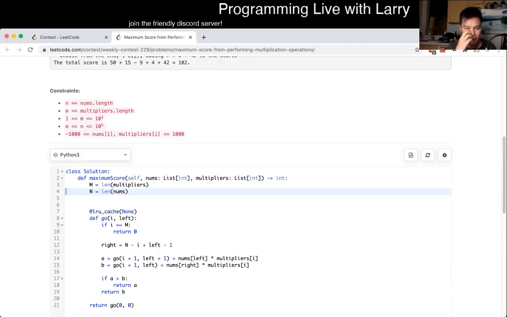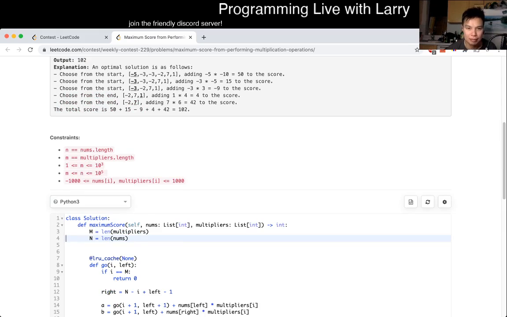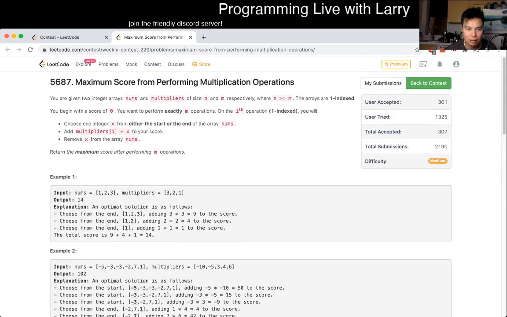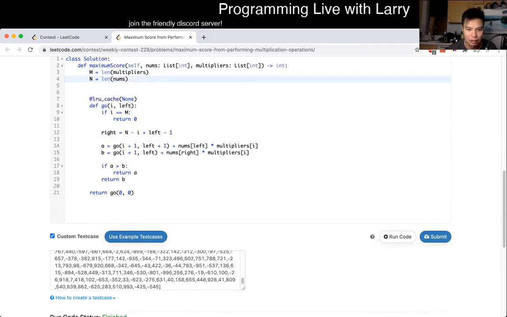Do this and then log in? Am I doing this wrong? I don't think so. Yeah, because for i, we can choose left or right. So why is m squared too slow?